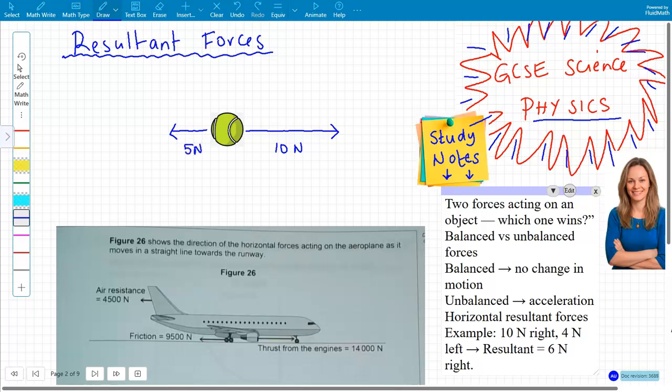In this particular example, we can calculate the resultant force, that's the force that's left over, that's the force that wins, by subtracting the two numbers.